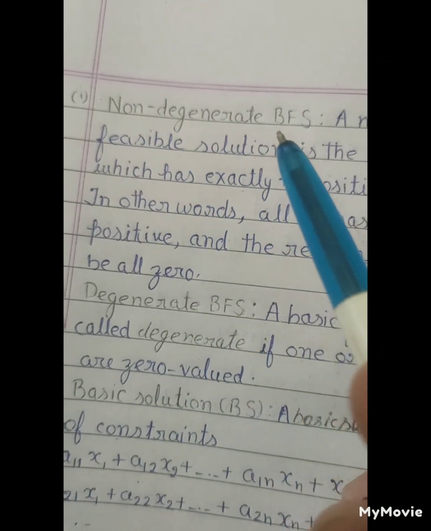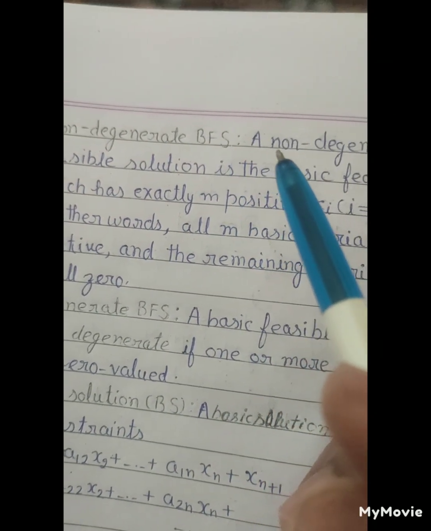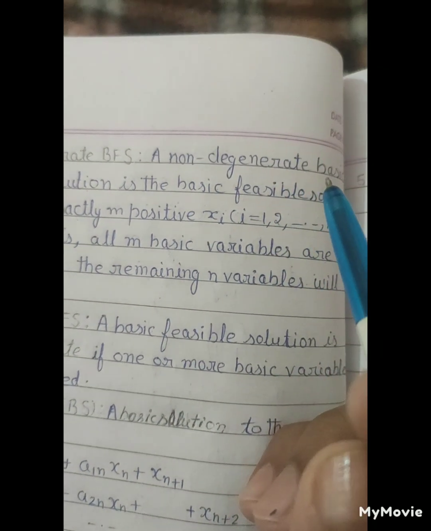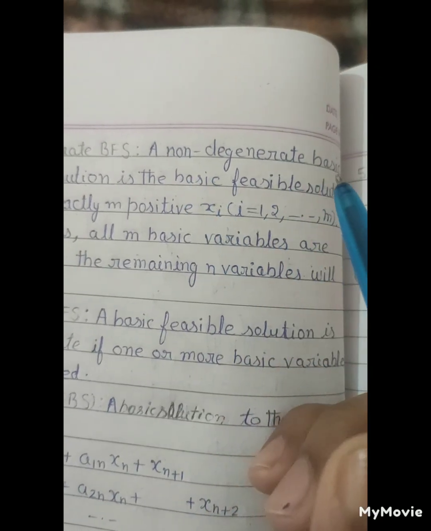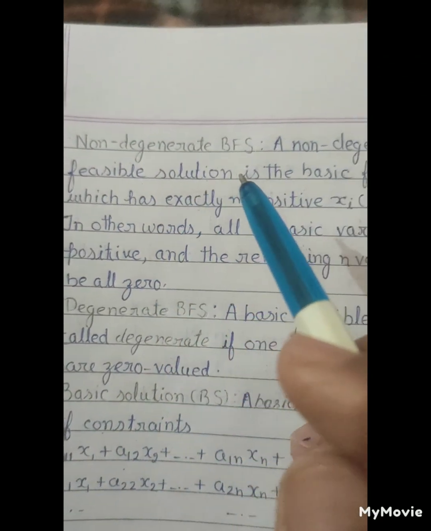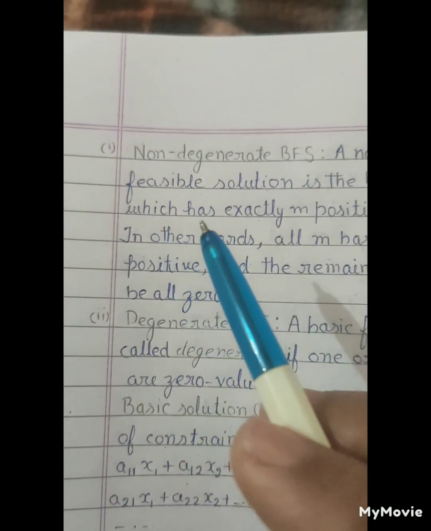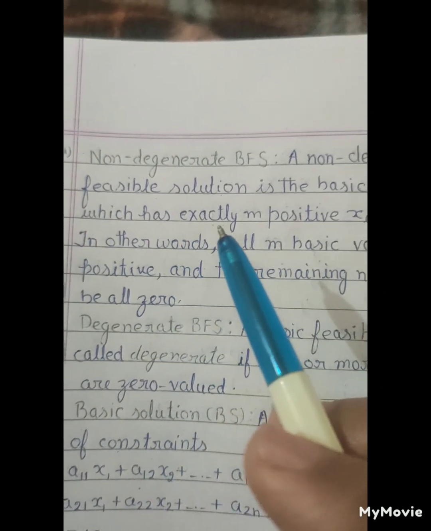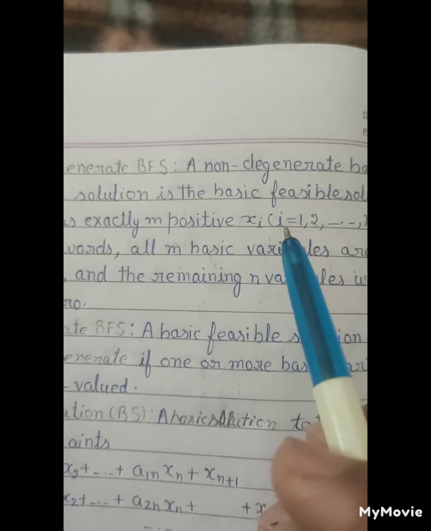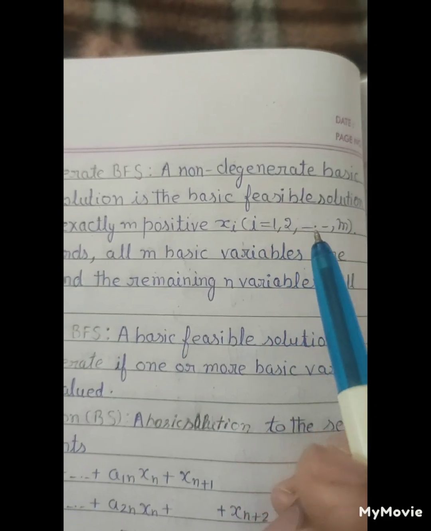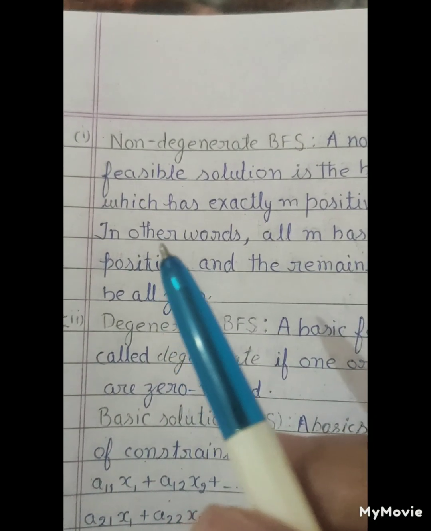1. Non-degenerate basic feasible solution. A non-degenerate basic feasible solution is the basic feasible solution which has exactly m positive xi, i equals 1, 2 and so on up to m.